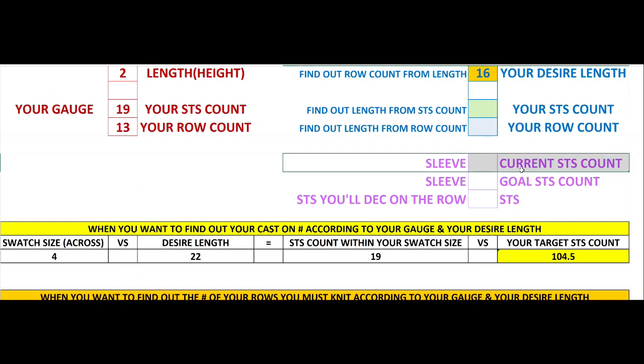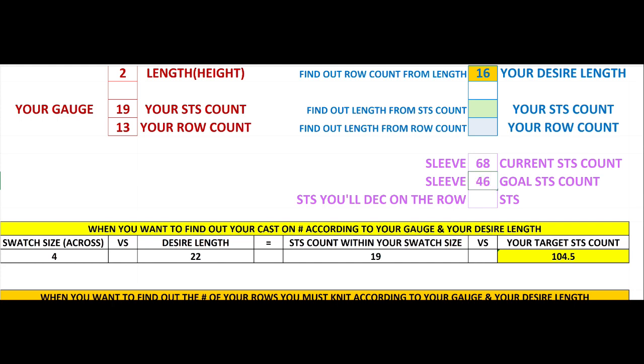And this pink section is the sleeve, okay? Current stitch count. It was 46, I believe. No, 68, I'm sorry. That was my current stitch count after the connection, okay? And my goal stitch count was 46.